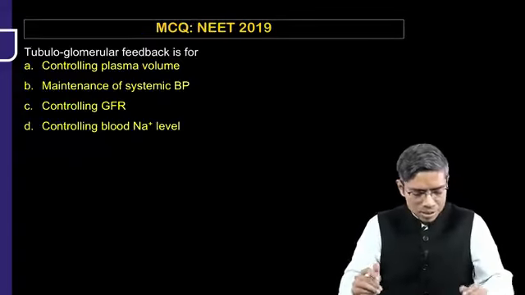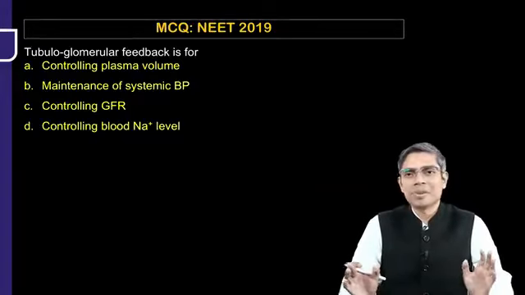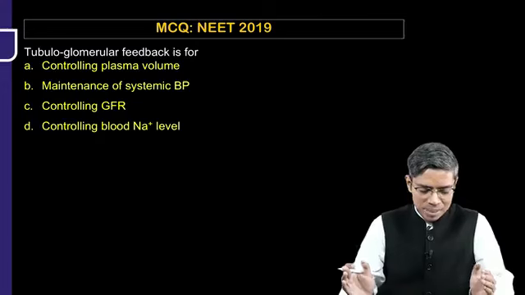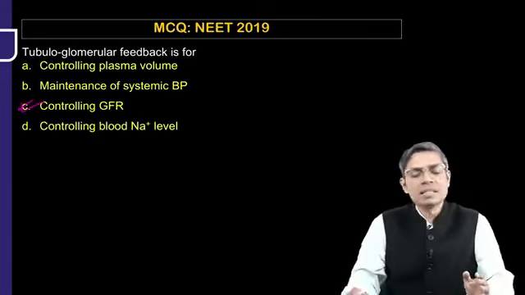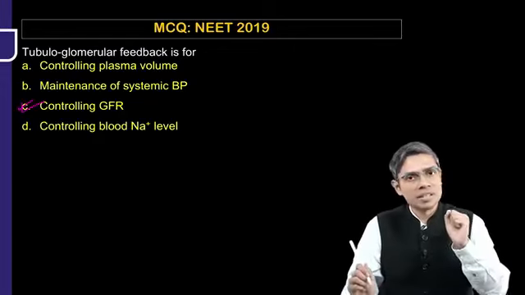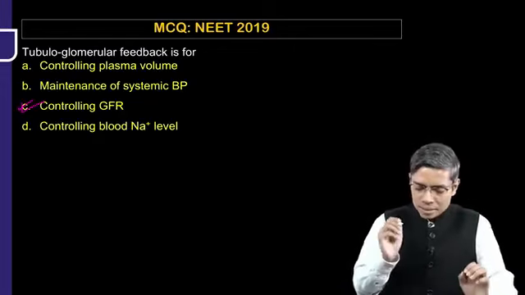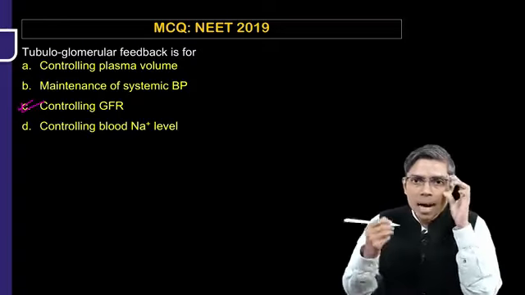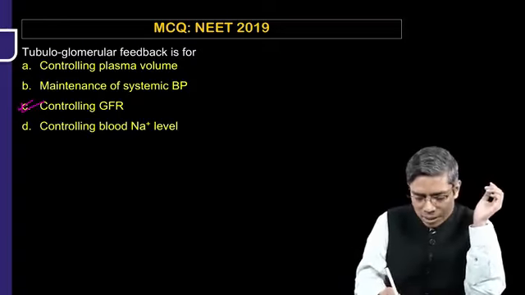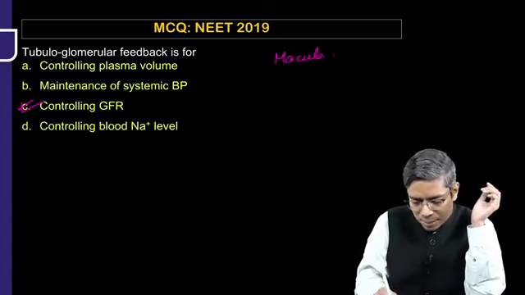Now the next question is, tubuloglomerular feedback is for what? Obviously tubuloglomerular feedback is for controlling the GFR. It is an autoregulatory mechanism for glomerular filtration rate. I told you that the tubuloglomerular feedback mechanism will be activated when the macula densa cells are stimulated. So the macula densa cell is the mediator.